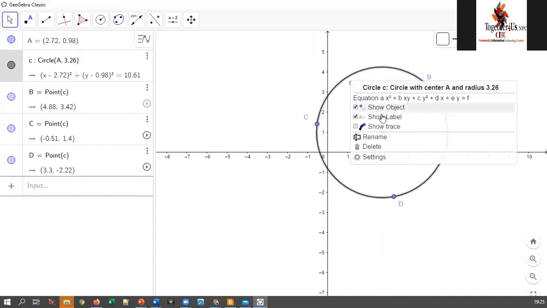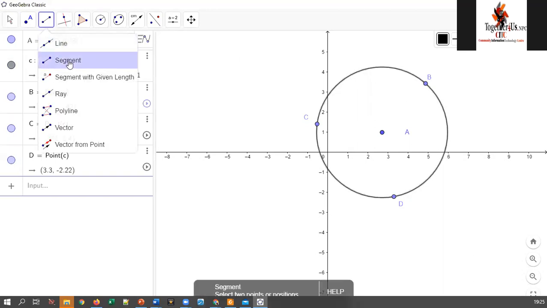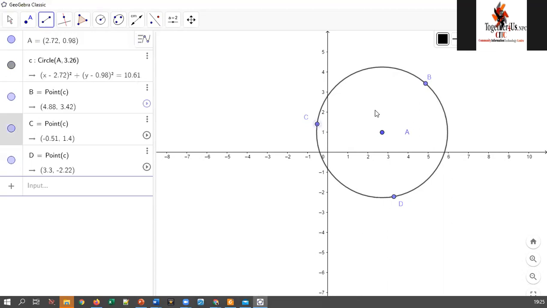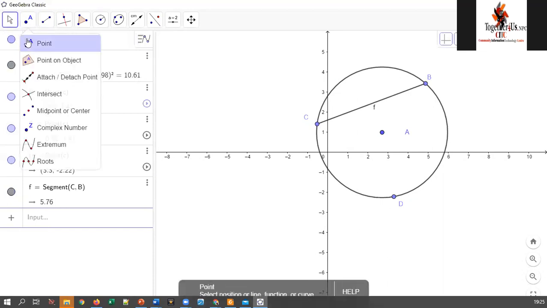Now, one thing that I'm going to show you here is the behavior of lines around the circle. The first line that I'm going to draw, and I will also be introducing some definitions for you. I'm going to draw a line BC or CB, whichever way you may want to call it.